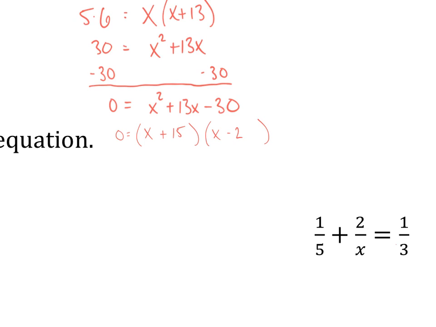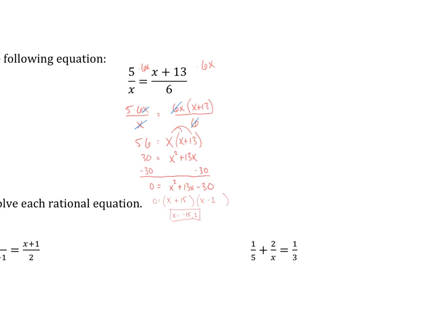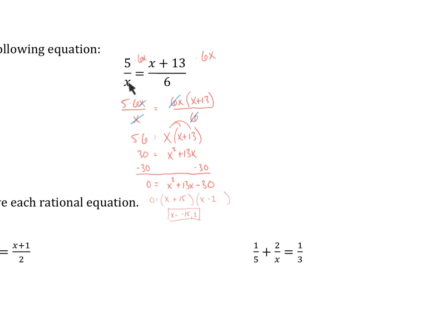Those are our factors, which means that x equals negative 15 and x equals 2. So our solution is x equals negative 15 or 2. We have two solutions. Either one of these would work. And if you take this 2 or this negative 15 and plug them in here and here, you'll find that this equality is true.